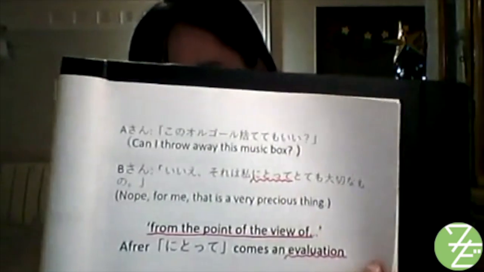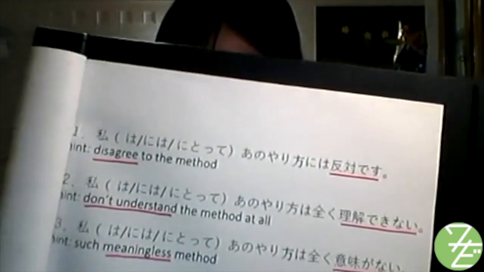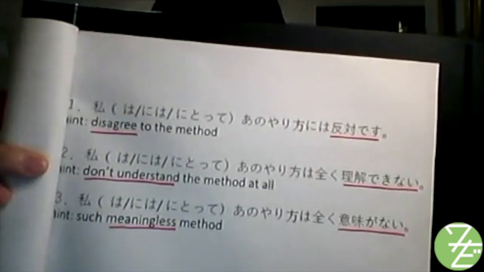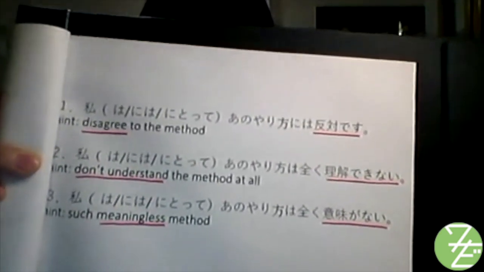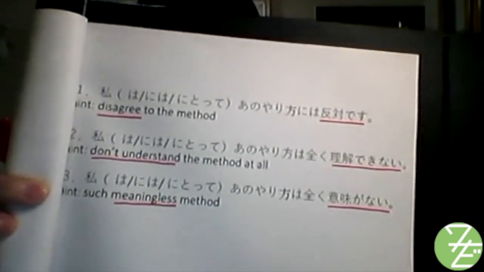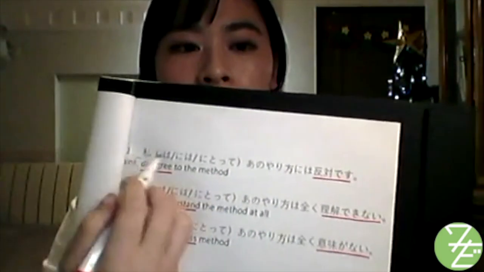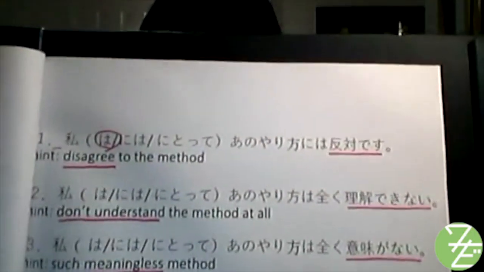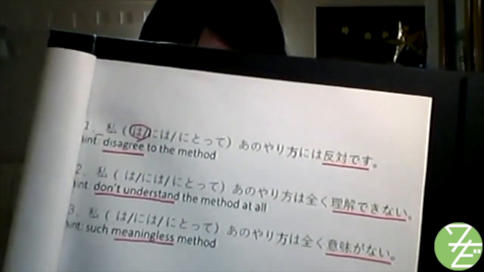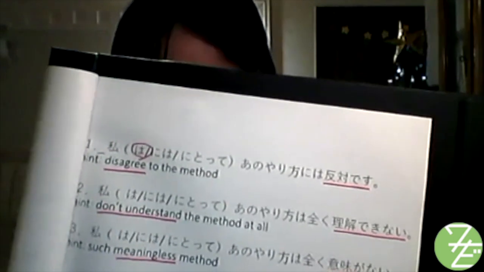Please choose one of the three particles, は、には、にとって。Number 1, 私、あのやり方には反対です。Number 2, 私、あのやり方は全く理解できない。Number 3, 私、あのやり方は全く意味がない。For the first sentence, the answer is は。Because にとって is used for an evaluation and judgment, and 反対です, which means I disagree, is not an evaluation.